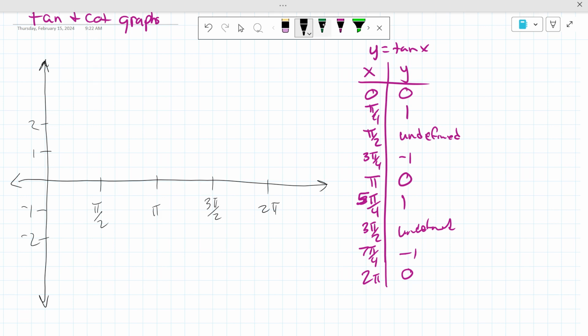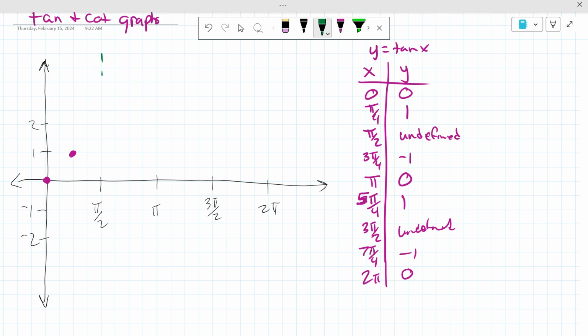All right. So if I'm graphing this, I'm at 0, 0, pi over 4, 1, pi over 2, undefined. If I'm undefined, what is that? Because we had undefined basically with cosecants and secants. What do we draw where we're undefined?